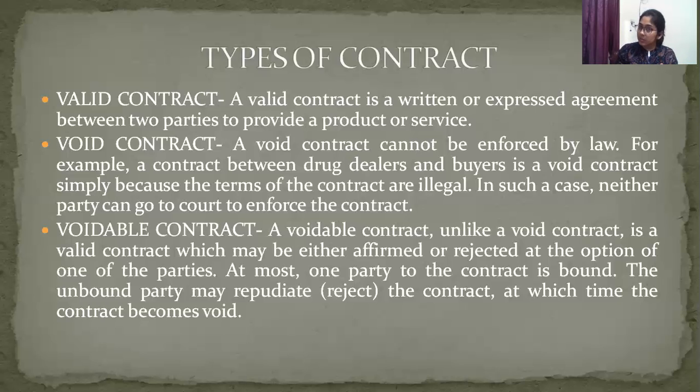But the party who is bound by the contract can make it valid also, because there is no rejection or repudiation on the part of the unbound party. So here, the voidable contract becomes a valid contract on the basis of rejection or acceptance by the second party who is not bound, right?